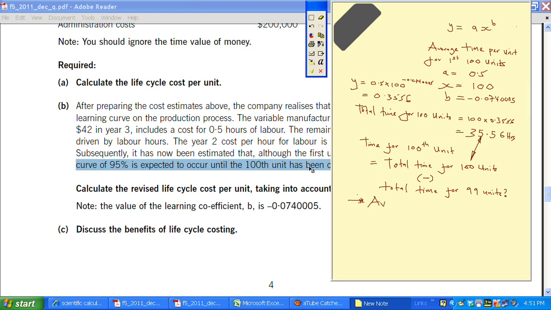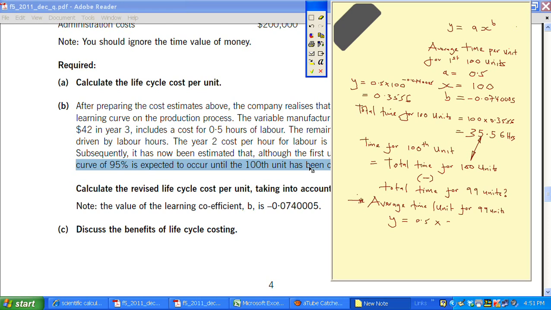So we have to repeat the same process we used and now find the average time per unit for 99 units. So y will equal 0.5.